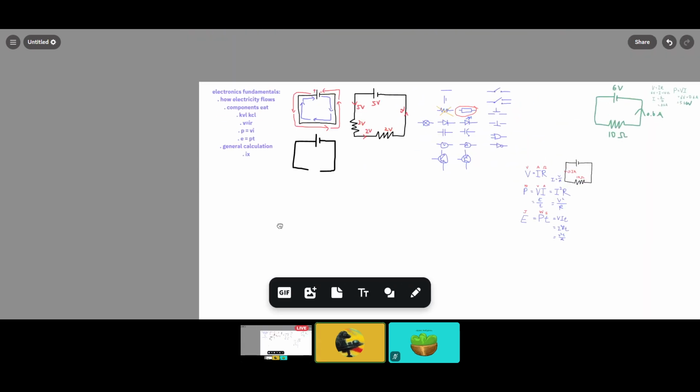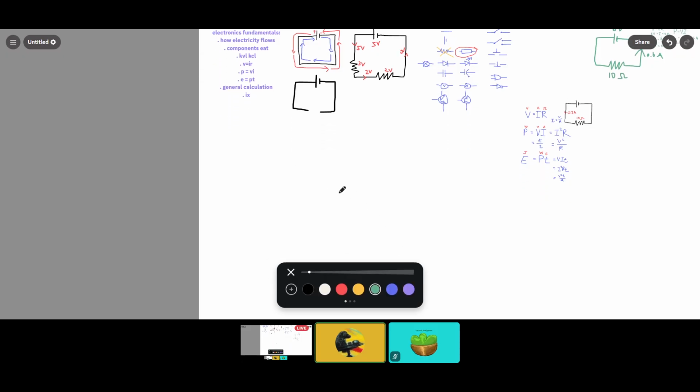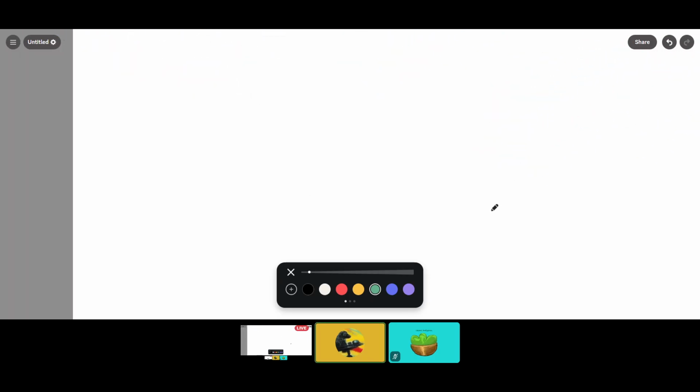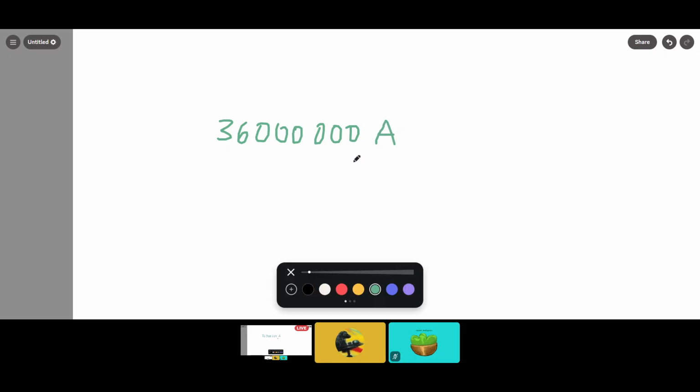General calculation. Oh, okay. So before this, I actually need to teach about numbers. In electronics, or in general mathematics, you will have numbers like 36000000 amps.